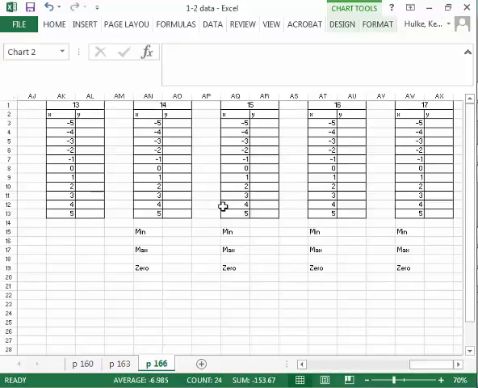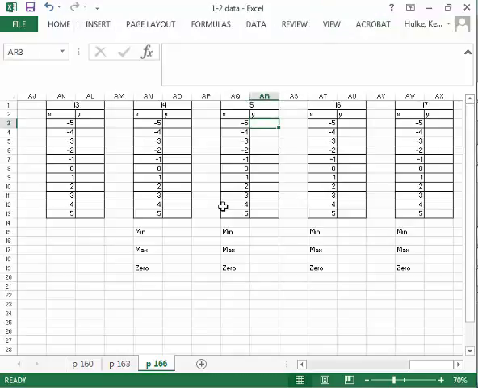Hardest ones, number 14 through 17. I'm going to do number 15 just to show you why these are a little bit harder. It says y equals 7x squared minus 14x plus 22.